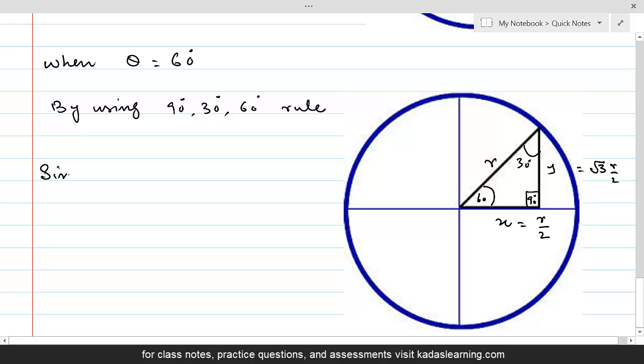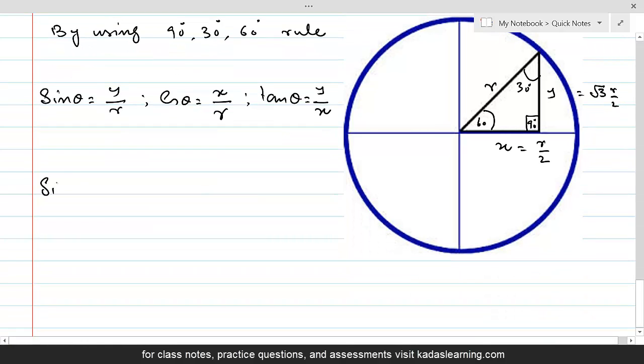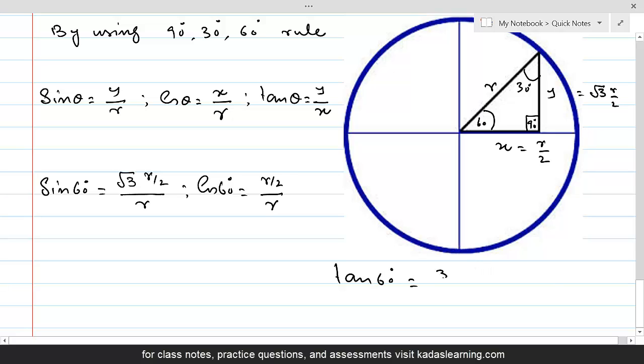Sin theta is equal to Y over R. Cos theta is equal to X over R, and tan theta is equal to Y over X, means sine of 60 degree would be equal to under root 3 R by 2 divided by R, and cos of 60 degree would be equal to R by 2 over R, and tan 60 degree would be equal to under root 3 R by 2 divided by R by 2.